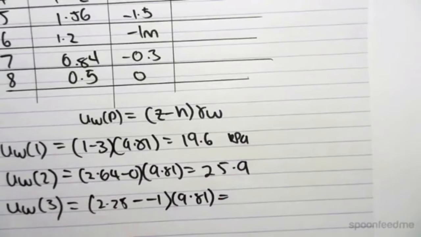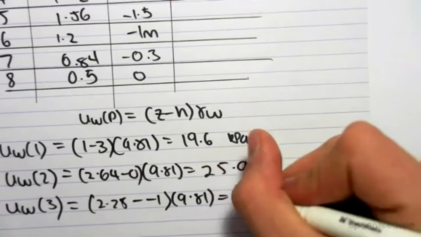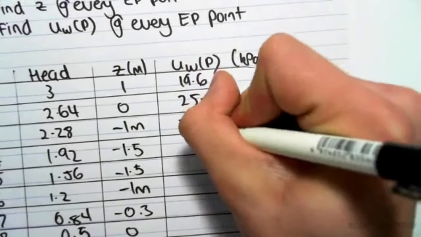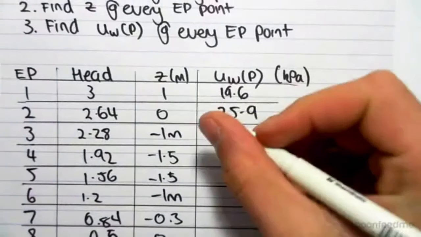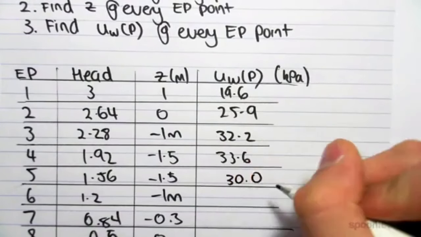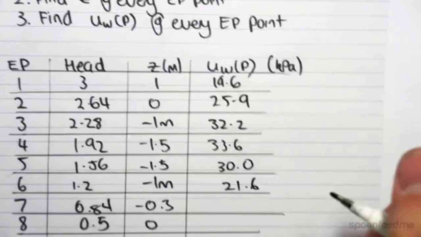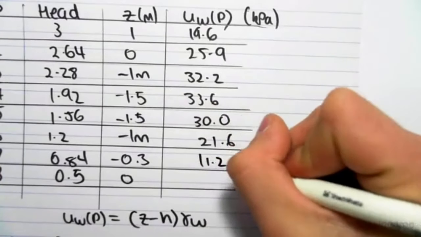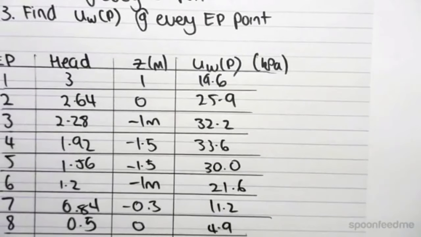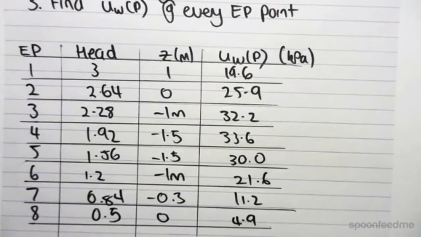So this one here would be 2.28 plus 1, by 9.81. We get 32.2 kPa. Now I've already calculated all the rest. It would be a waste of time to go through every single one, so I'm just going to fill them in for you. You can calculate it in your own time if you wish. 11.2 and 4.9. Those are all the pore water pressures at the different EPs.